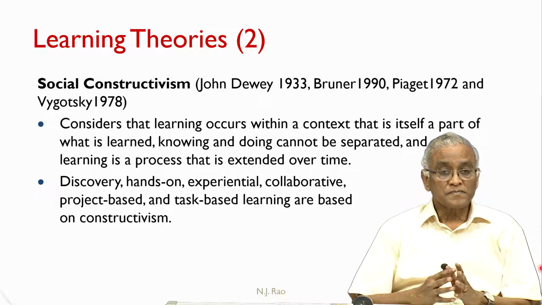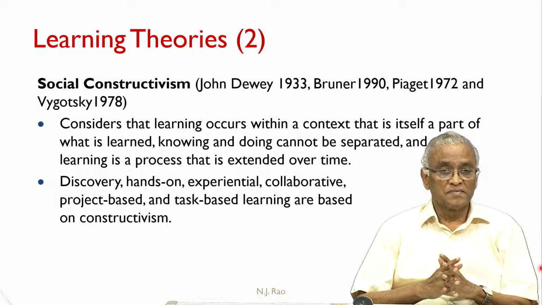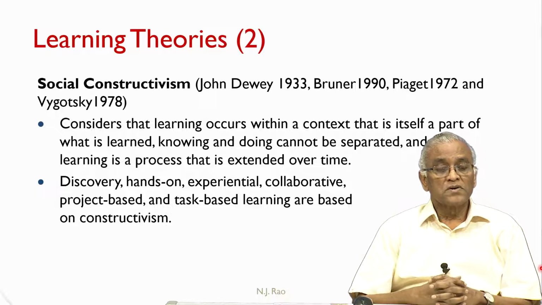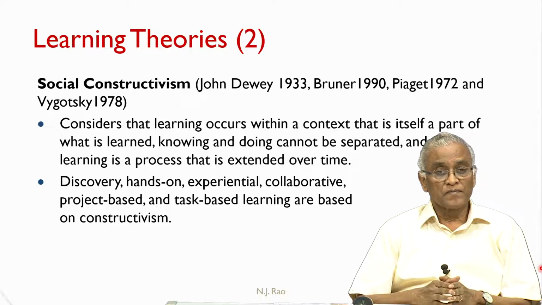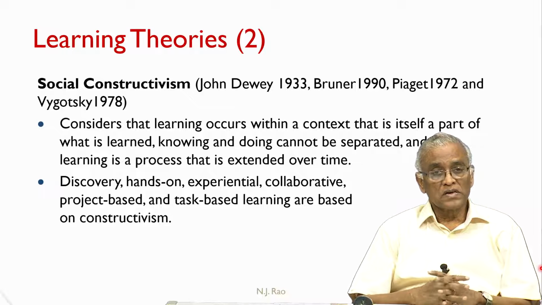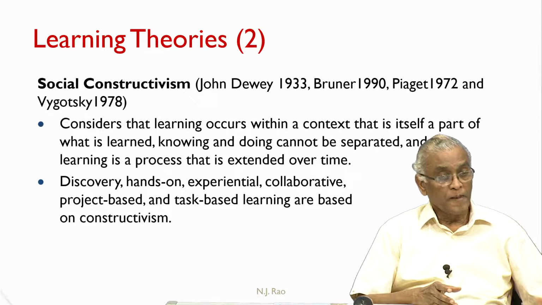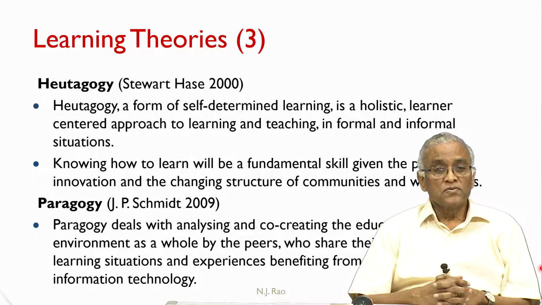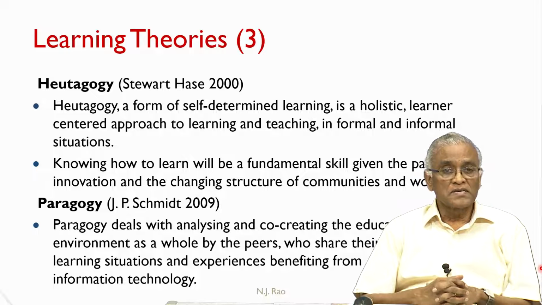These are the consequences of this social constructivism. Actually, today all these methods of learning are considered very central to good learning. So, social constructivism plays a very dominant role in present day considerations of good learning.